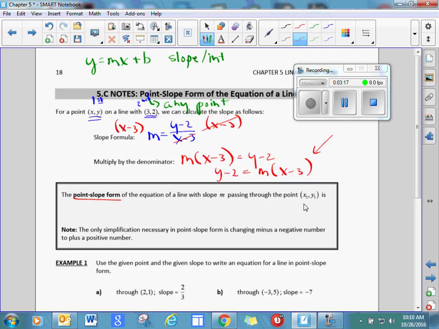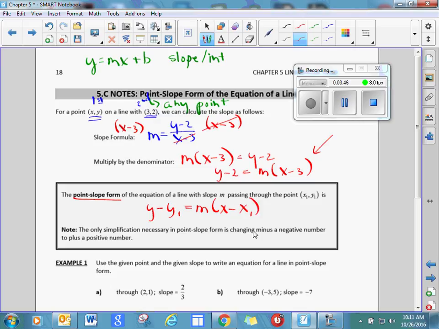So the formula is this y right here minus this y right here, which came from our point. We're going to call it y sub 1, equaling the slope right here, times this x minus the 3, which was our point given on the line.